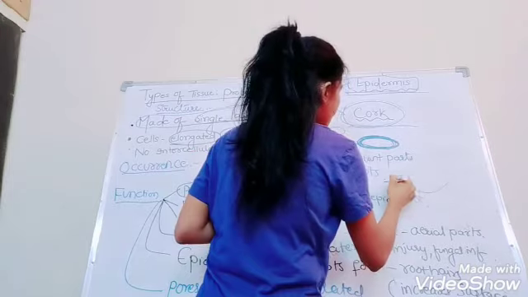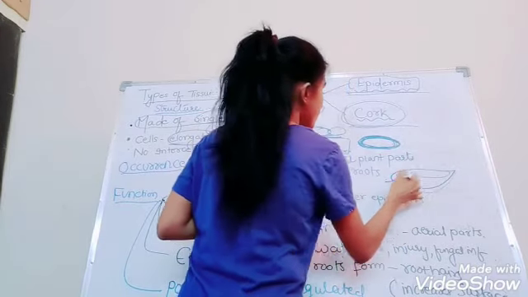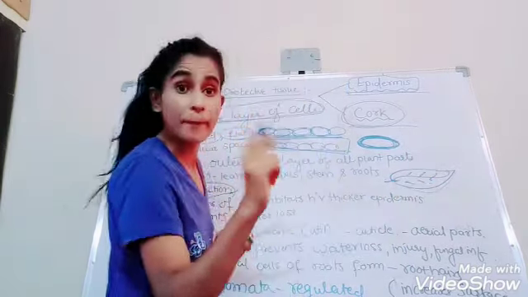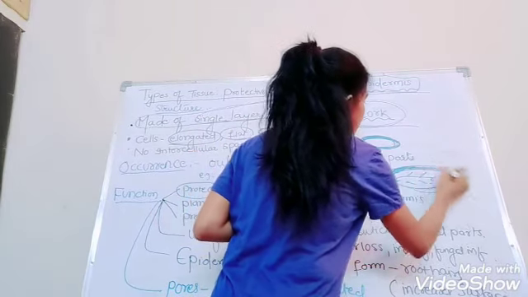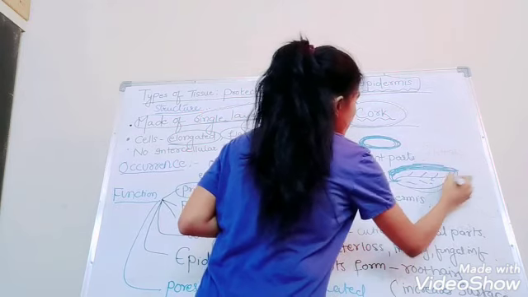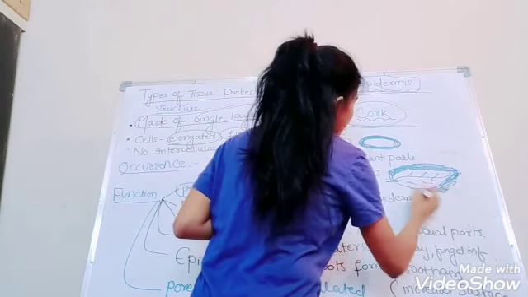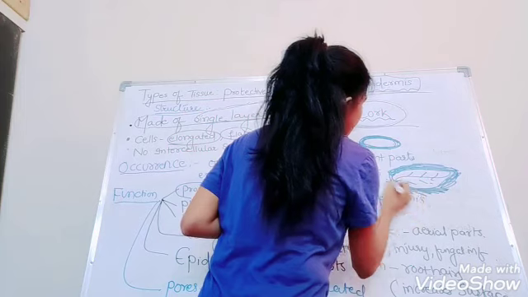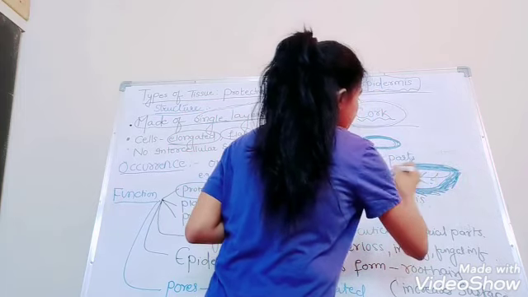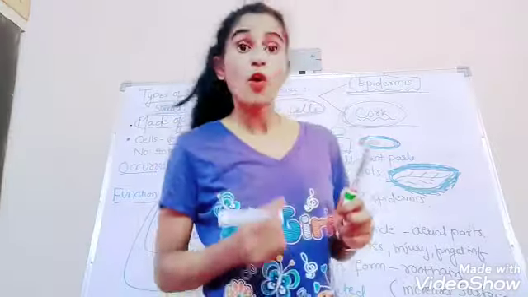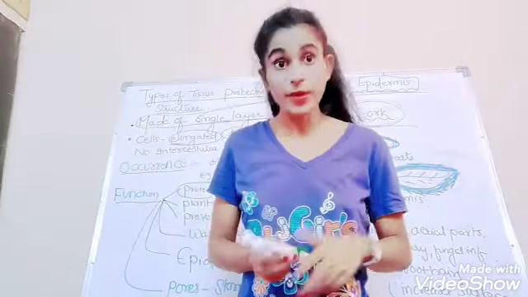The epidermis will form a very thick layer over the leaf to prevent the loss of water. Yes or no? Isn't it?